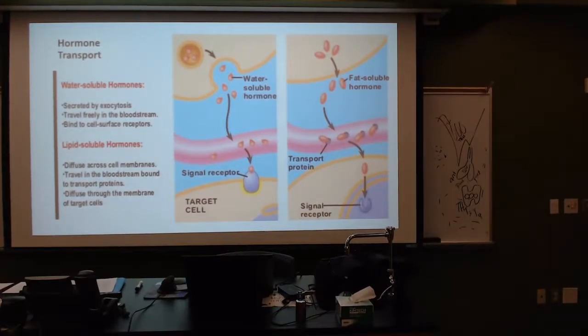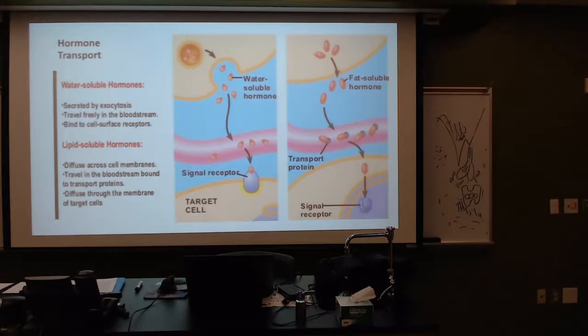It has to attach to a transport protein. They're termed globulins, because they look like little globes.